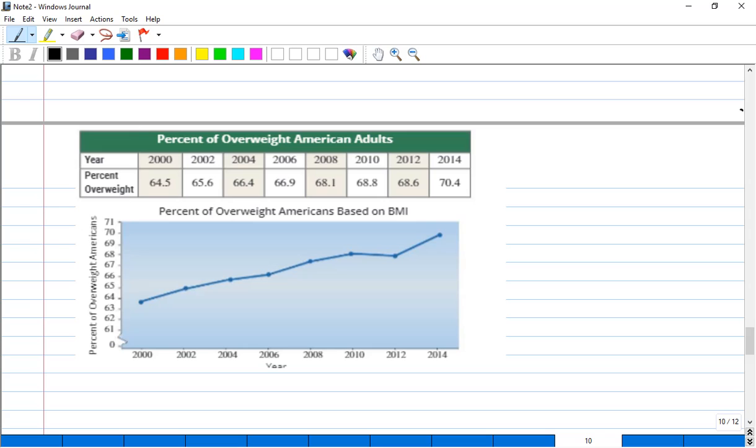So using this model here, things don't look good for us in the U.S. If things continue to go like they do, then we will have more and more problems with weight. And like I said, this is something that's affected me my entire life. It's something that affects a lot of Americans, or a lot of adults, period.